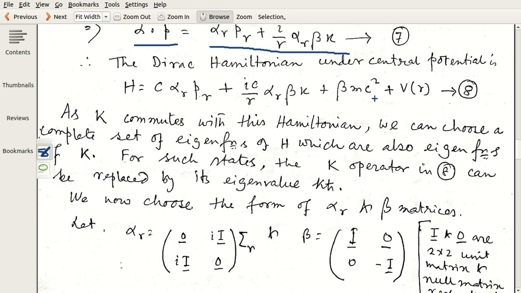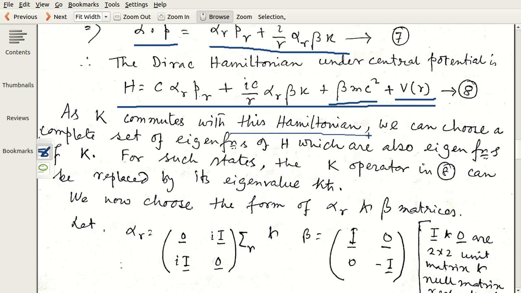The Dirac Hamiltonian under central potential thus takes in radial operators, becomes H equals C alpha R PR plus I C by R alpha R beta K plus beta MC square, as it was, and the central potential V of R. Now, as we have seen, K commutes with this Hamiltonian. In fact, this K operator commutes with each term in the Hamiltonian.